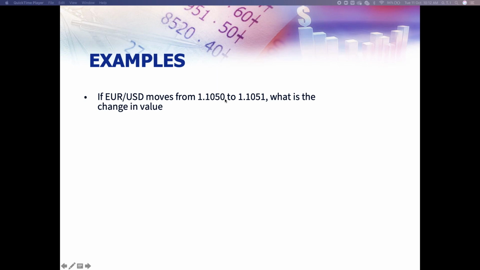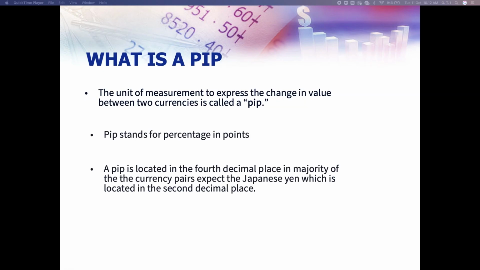Remember that we said earlier that a PIP is a unit of measurement used to express the change in value between two currencies. So let's check the change in value between the euro and the USD. The example says that if euro USD moves from 1.1050 to 1.1051, what is the change in value?